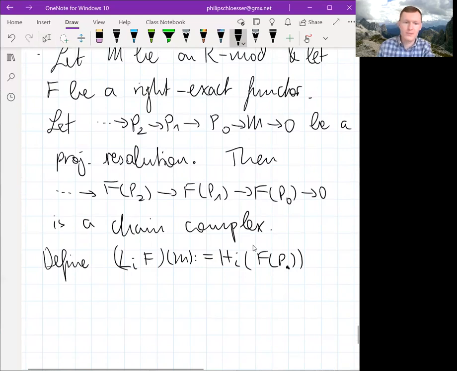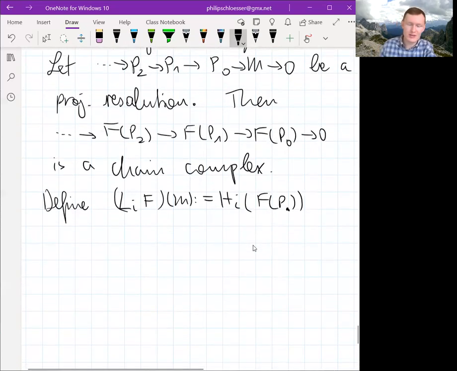And now the notation already says that we are trying to define some kind of functor. So we've here said what it does with objects. What does it do to module homomorphisms? And this is where the projectivity comes into play.